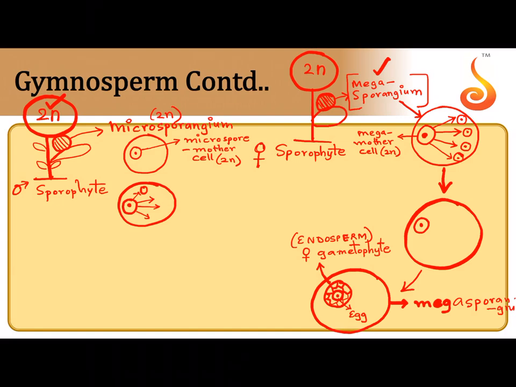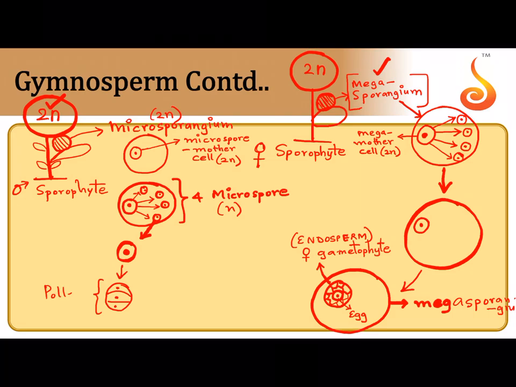But all of them will survive. I told you in megaspores 3 out of 4 may die, but here all the 4 microspores will survive, which are haploid. Now each of these microspores will develop, while they are still inside the microsporangium, into a 3-celled structure, which is called a pollen grain.